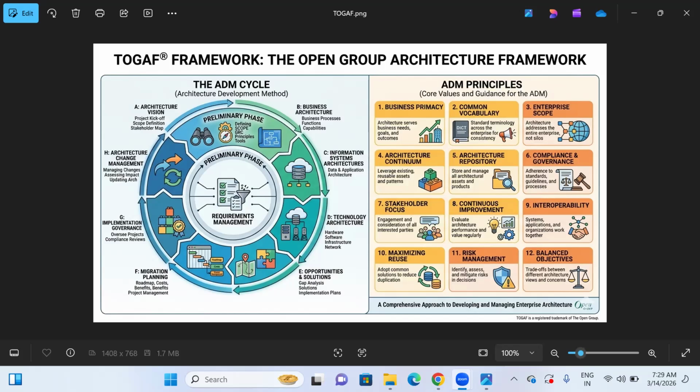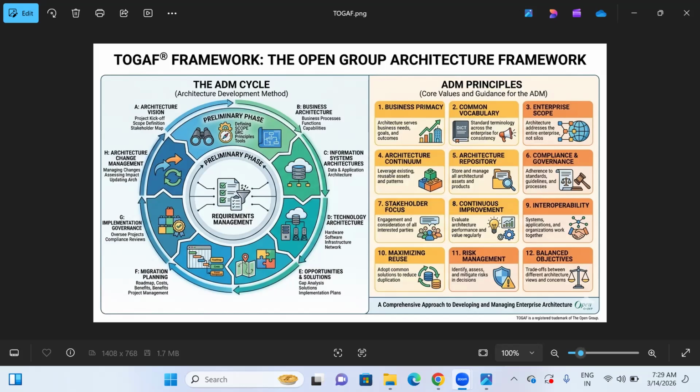Next, interoperability is also one of the ADM principles, where we need to know about the systems, the applications and organizations. Interoperability is more important. Later, how are we maximizing reuse, right? By adopting common solutions so that we can reduce duplication, because one of the biggest challenges when implementing new solutions is that we need to identify and reduce duplications.